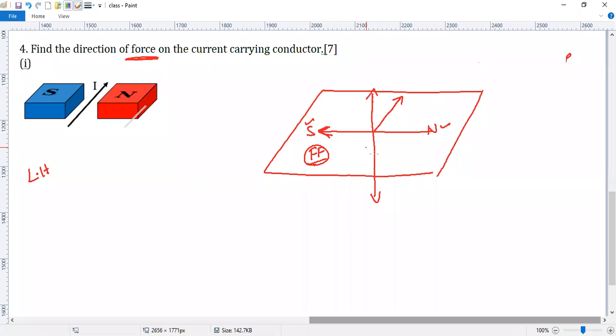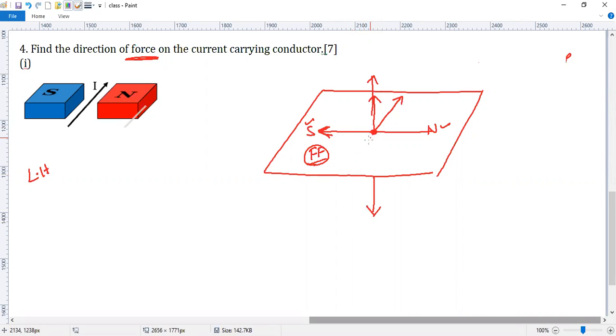Right? It is either coming out of the paper or going into the paper. This is the plane of paper. So in the mutually third direction, you should have the force acting. So you have to check whether the force is upward or downward. How will you use your Fleming's left hand?